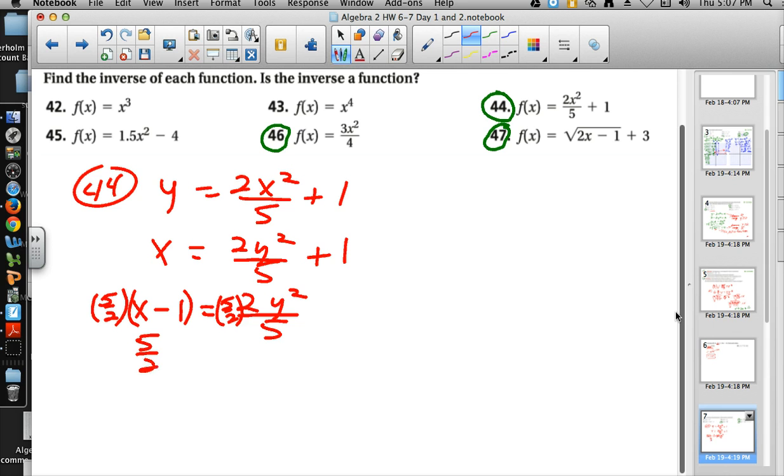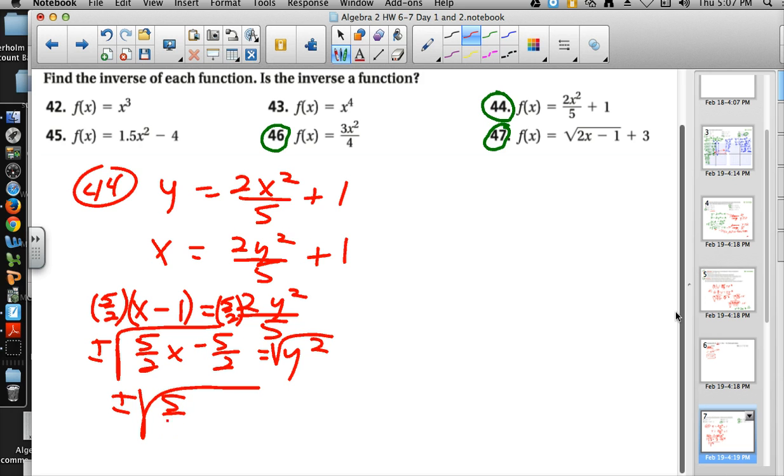So 5 halves x minus 5 halves equals y squared. And finally, the square root, which means plus or minus. So plus or minus the square root of 5 halves x minus 5 halves equals y. Is the inverse a function? No way. Got the little plus or minus action going on there. No, the inverse is not a function.